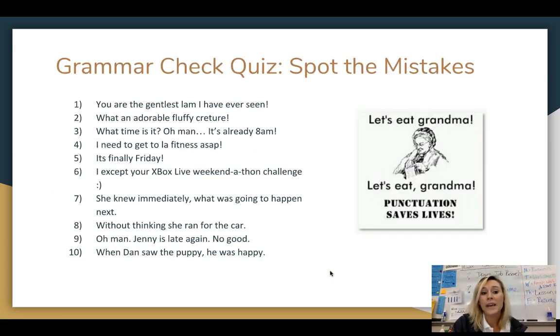Now, take a second, look at this, and see if you can spot the mistakes. Number 1, you are the gentlest lamb I have ever seen. Number 2, what an adorable fluffy creature. What time is it? Oh man, it's already 8 a.m. I need to get to LA Fitness ASAP.